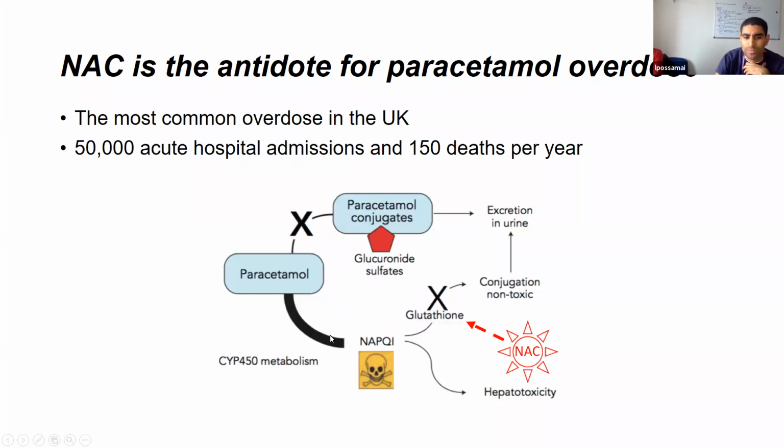But in paracetamol overdose, the liver's reserves of glutathione are depleted, and so this leaves the NAPQI free and able to cause liver cell damage and then ultimately liver failure.